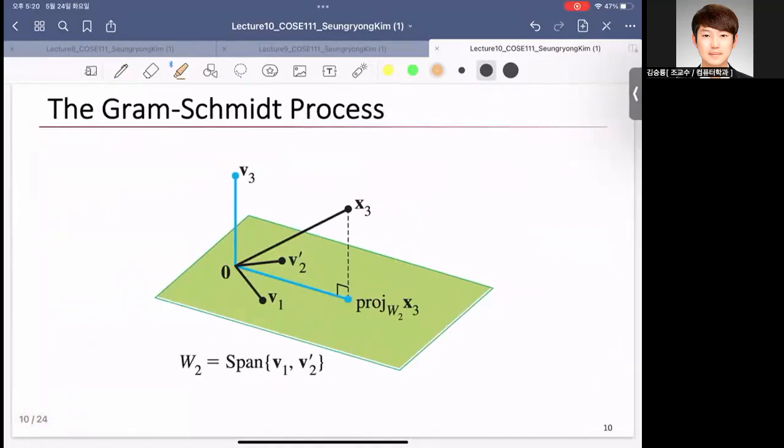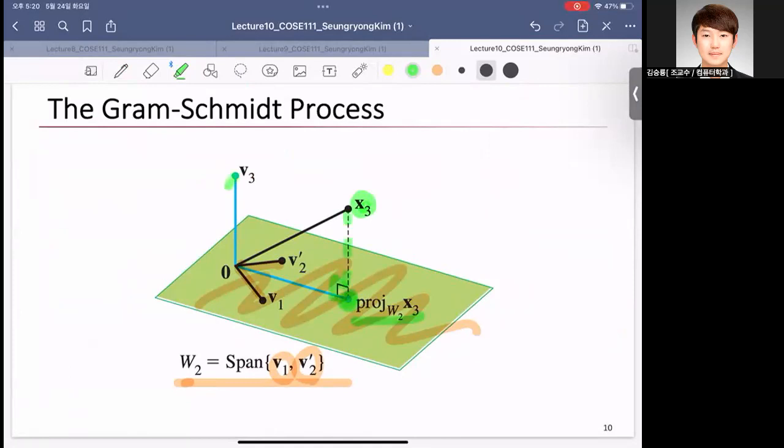Then if we draw this again, v1 and v2 prime here, and this is the W2 spanned by v1 and v2 prime, and x3 was outside this subspace W2, and this point is the projection of x3 onto the W2 space. Looks like this.